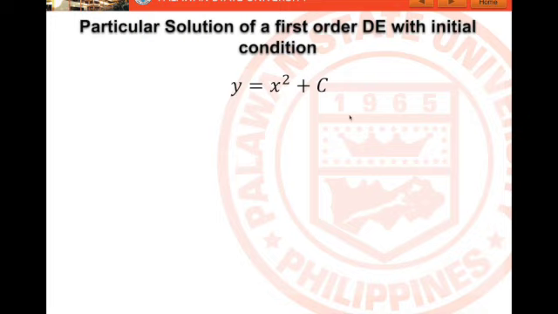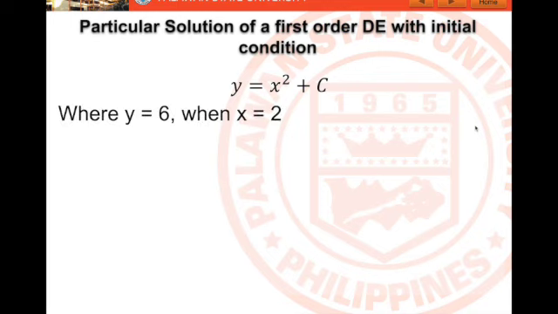If we are going to assign initial conditions here, these are given, okay, y equals 6 when x equals 2. So we are trying to find the particular solution by defining the value of our arbitrary constant.